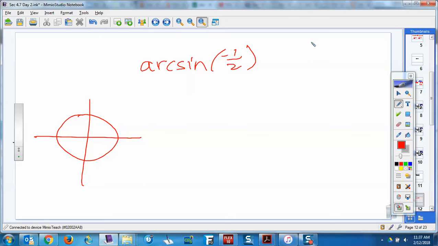Remember the thing about arcsine: in go values, out come angles. The angles have to come out between negative pi halves and pi halves. So, sine is negative. It's positive up here. It's negative down here. So, what angle is that? That's a 30-degree reference. Now, I'm going to want your answers in radians.